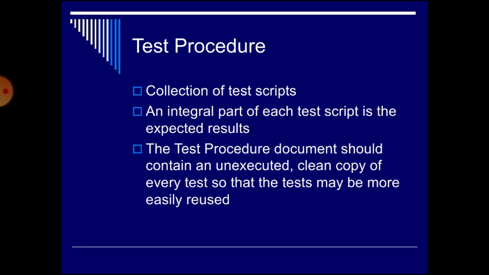An integral part of each test script is the expected result. Means we design and write test scripts that will provide the expected result. Expected result means what? We know the particular customer requirement; the tester knows the customer requirement before the testing.